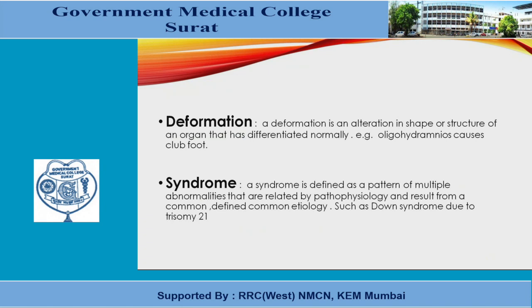A syndrome is defined as a pattern of multiple abnormalities that are related by pathophysiology and result from a common etiology. For example, Down syndrome, which occurs due to trisomy 21, includes various malformations like congenital heart disease, esophageal atresia, etc.